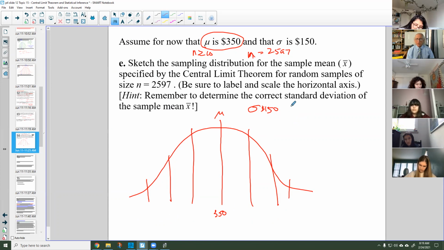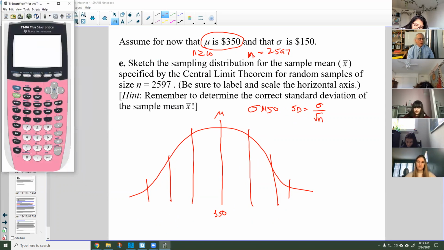The standard deviation is going to equal sigma divided by the square root of n. So it's going to be 150 divided by the square root of 2597. So my standard deviation is actually 2.94. I can't emphasize enough how important this is to remember.